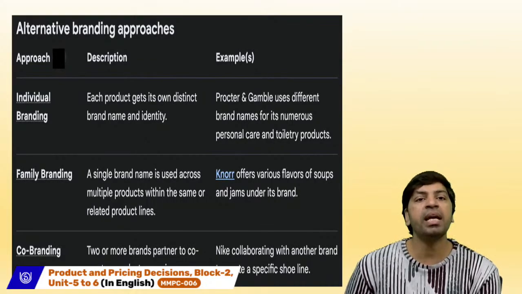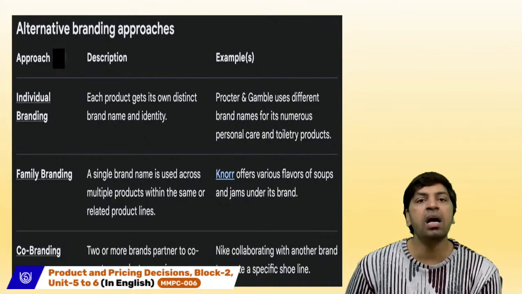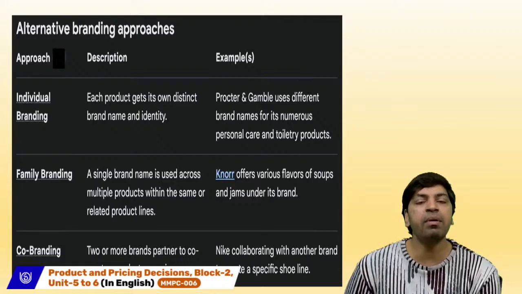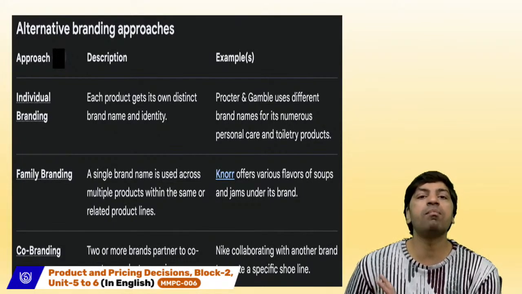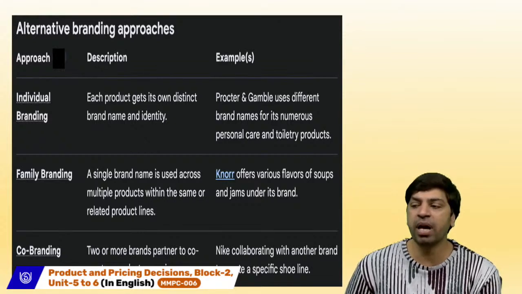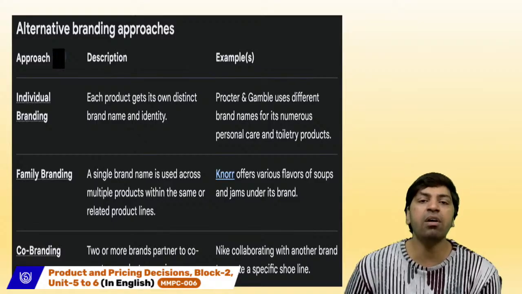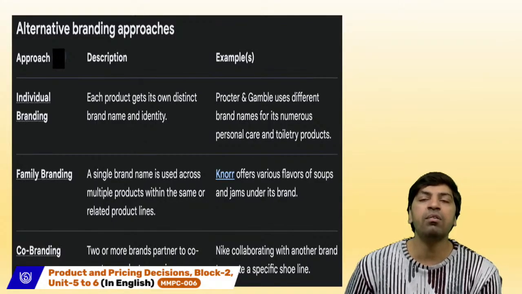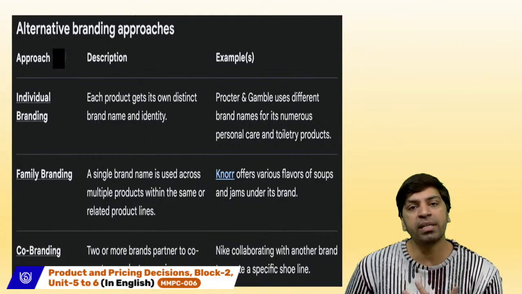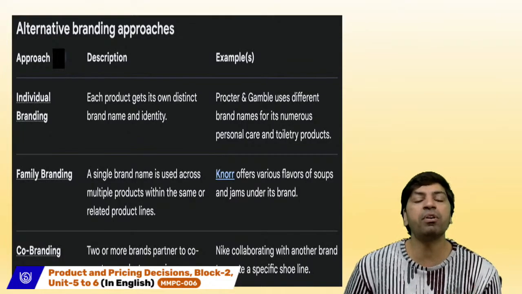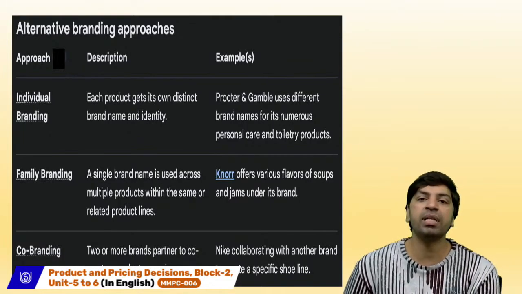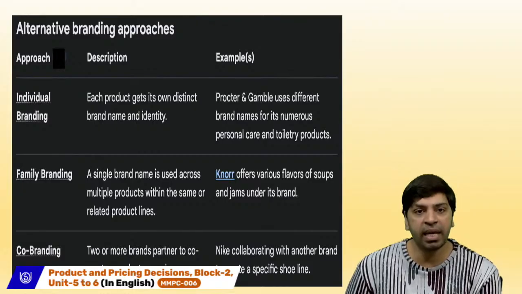Next is family branding. A single brand name is used across multiple brands or the same or related product lines. For example, Haldiram has multiple product lines, but it's using the same brand name.